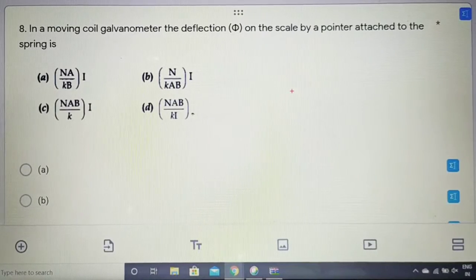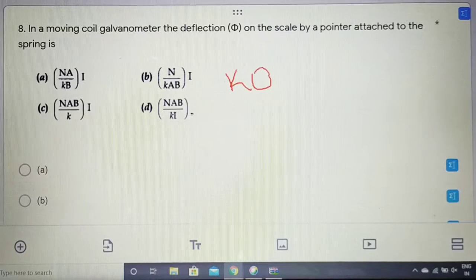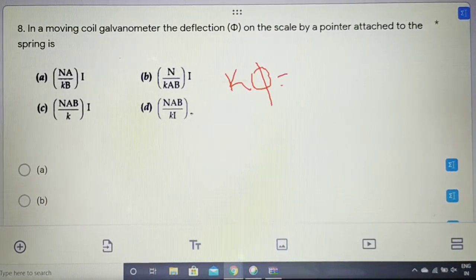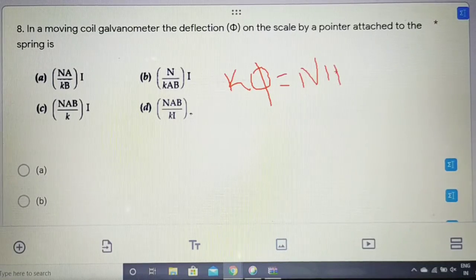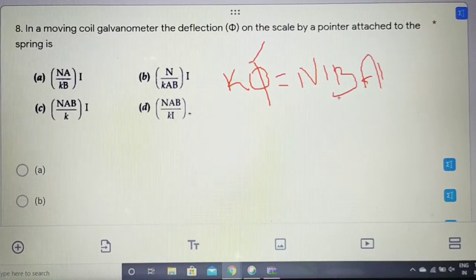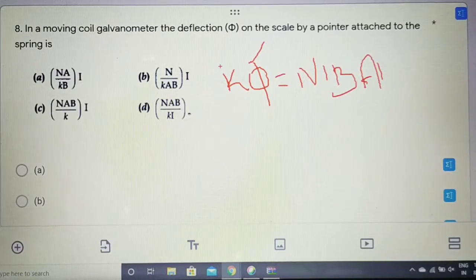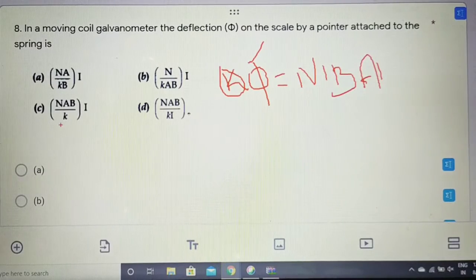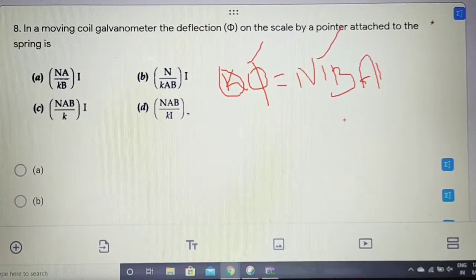We already know that k phi, the restoring torque, is directly proportional to NIBA, equals NIBA. From here we can easily find the value of deflection, which will be N, A and B. We take this K to the right hand side, and we can take all the constants in the bracket, and I outside. So NBA divided by K, and I outside.